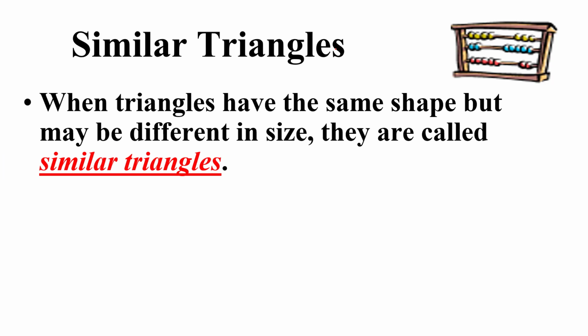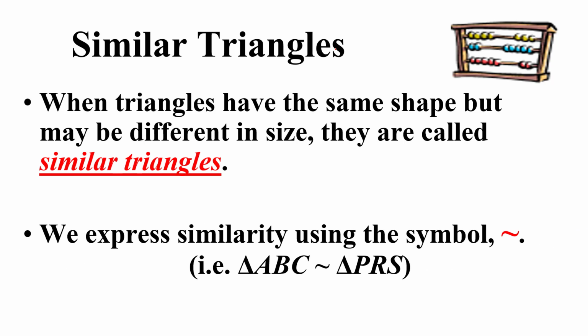Similar triangles. When triangles have the same shape but may be different in size, they are called similar triangles. We express similarity using the symbol that looks like this. Notice we've seen that before. We saw that as part of our congruency statement.